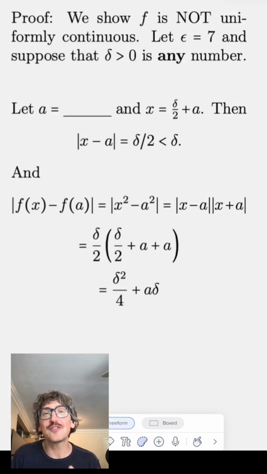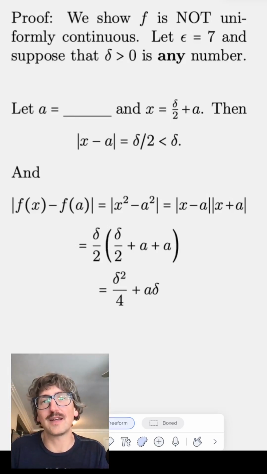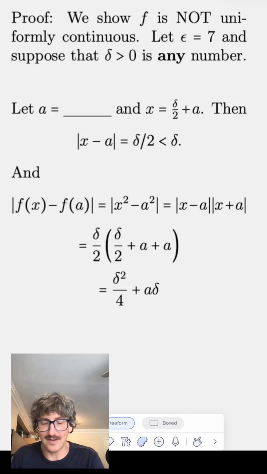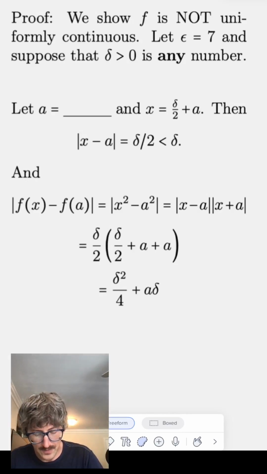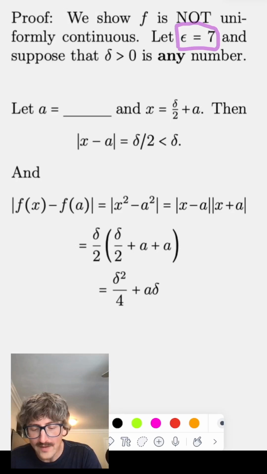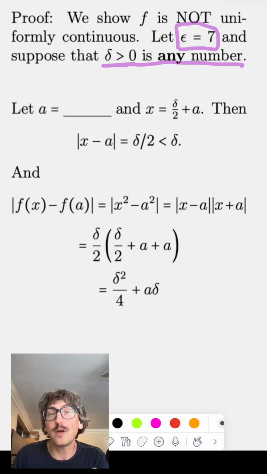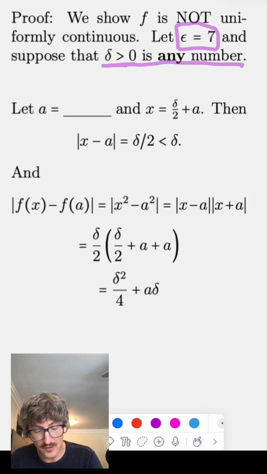Okay, so how are we going to show that our function is not uniformly continuous? Well, I'm going to let epsilon be, I don't know, let's take the number 7. I can really make it anything in this. And I'm going to show you that no matter what you let your delta be, if you let it be any number, I am going to find two numbers, x and a.